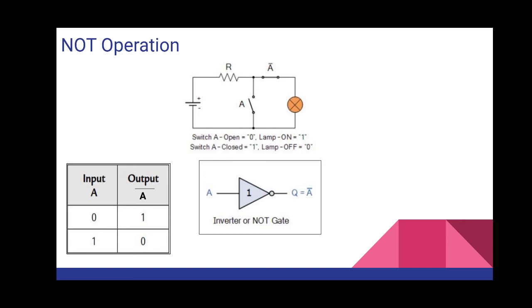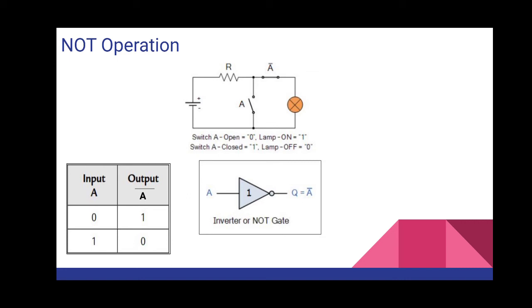Now if A is kept open, what will A bar be? It will get closed. Means if A switch is on, A bar switch will be off. Similarly, if A switch is off, A bar switch is on. So how will the bulb glow? Now suppose I have kept A as open, that is A as 0. So A bar will be on.